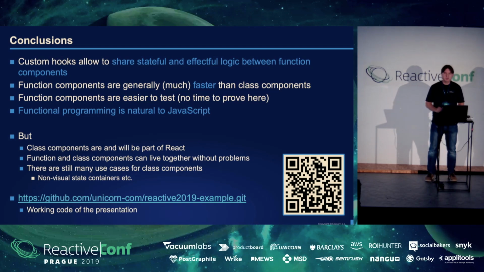Function components are usually faster, sometimes much faster than class components. They are better testable. We have no time to prove it here, but you can find a lot of articles about it on the internet. And from my point of view, functional programming is much more native for JavaScript than class components and OOP. So this is another good reason for it.